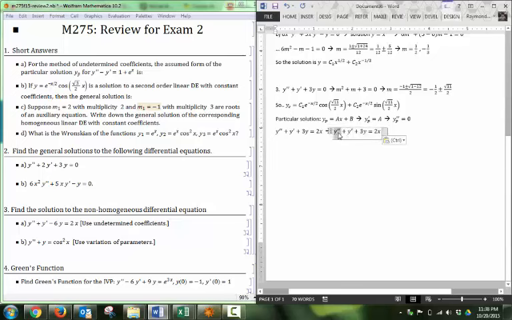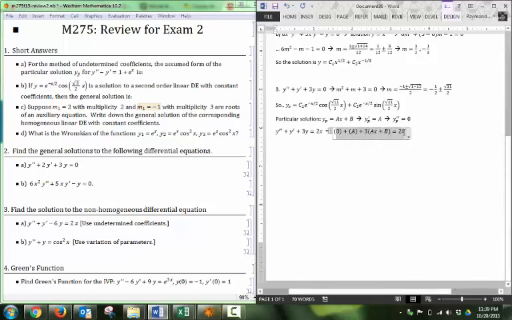For y double prime, we got 0, so let's put 0 in. For y prime, we have a. And for y, we have ax plus b. Okay, so that is going to be set equal to 2x.